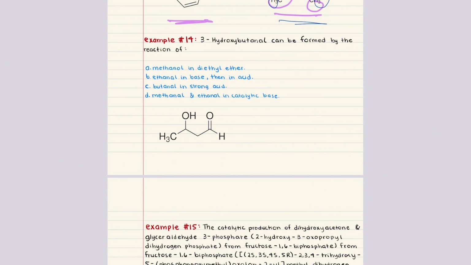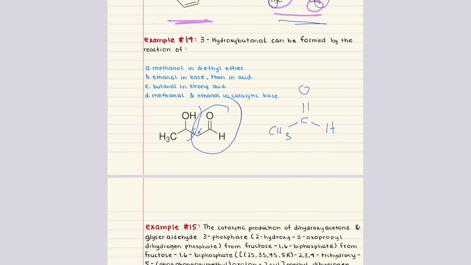With this information in mind, we can proceed to answer this problem using the same little trick we implemented in problem 3. The easiest way to solve this and figure out what two reactants can produce this product is by doing a little cut in between the alpha and beta carbons with respect to the carbonyl group. On one side, on the right side right here, we have our first reactant. We have our carbonyl carbon that's attached to a hydrogen and to a methyl group. This is ethanal.